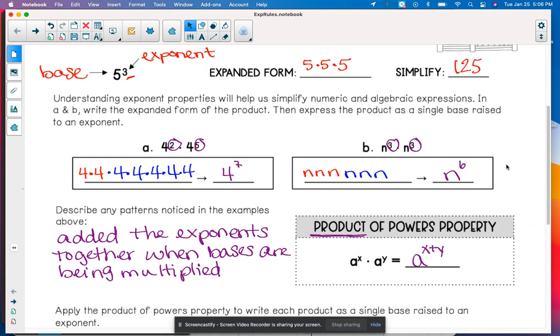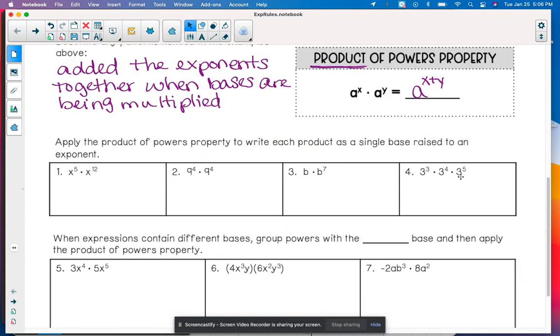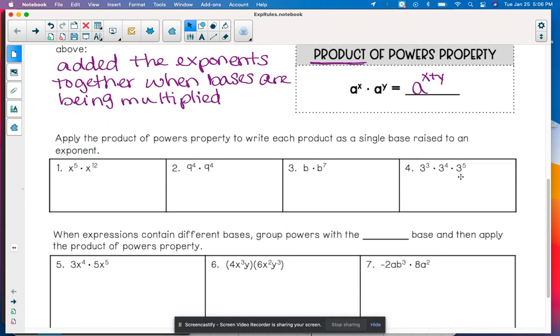So in the examples below, we're going to apply the product of powers property to write each product as a single base raised to an exponent. So all we're going to do is like we did in the examples above. So all I'm wanting to do is write this as a single base. Again, when we multiply, we add them together.